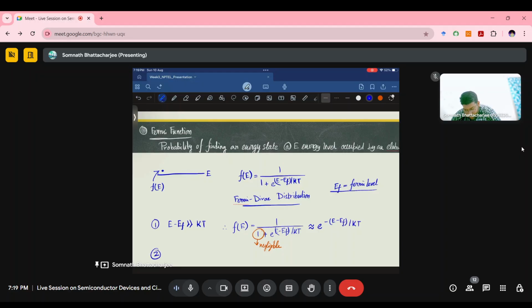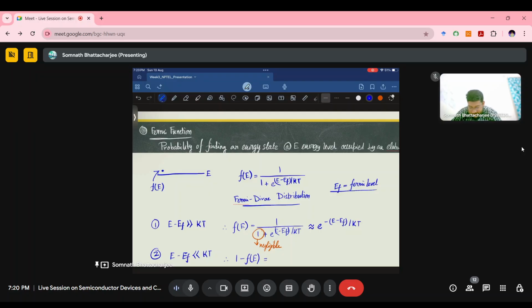And the second case would be, let's say, E minus EF is much less than kT. Then in that case 1 minus Fe, the inverse of finding the electron in that energy state, is the probability of not finding the electron in that energy state.